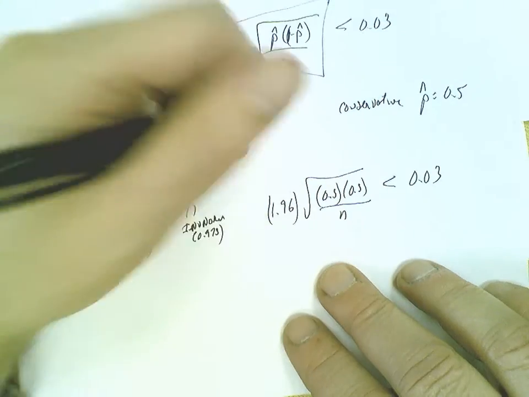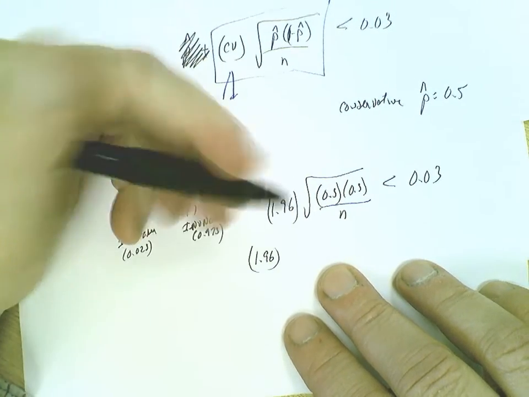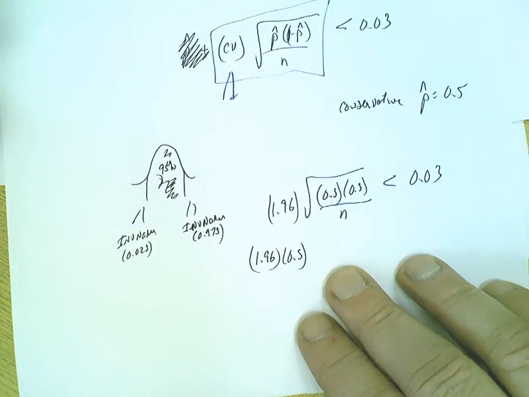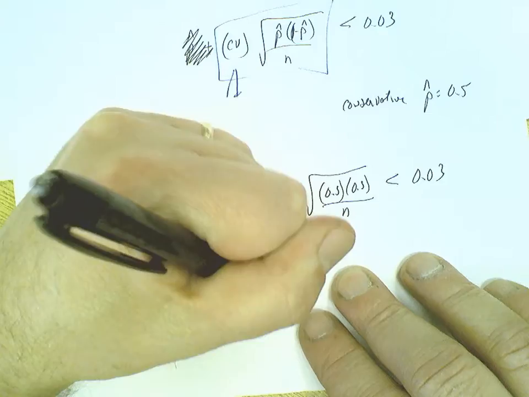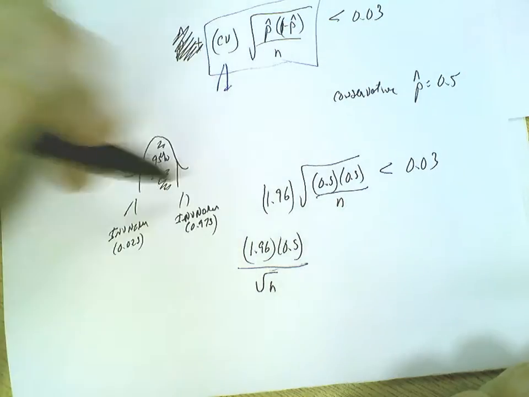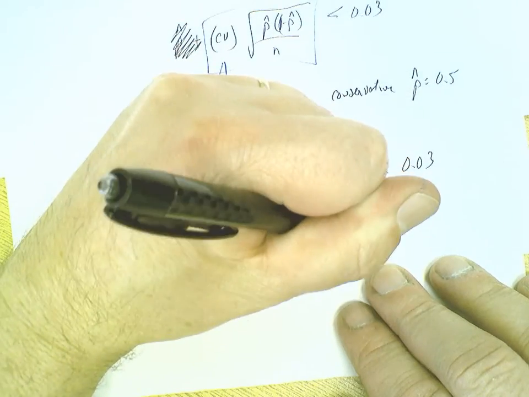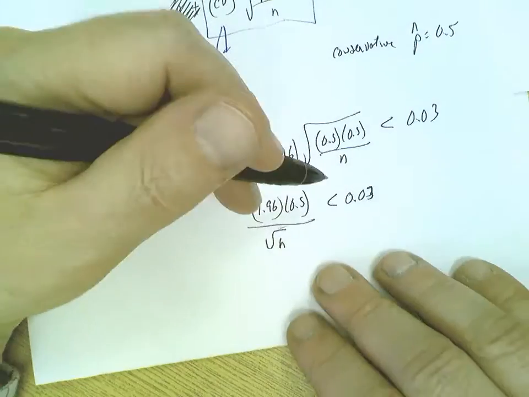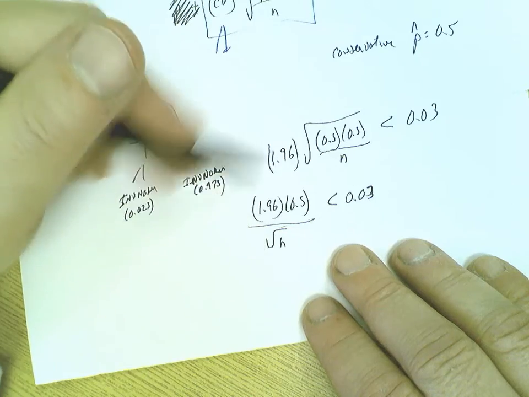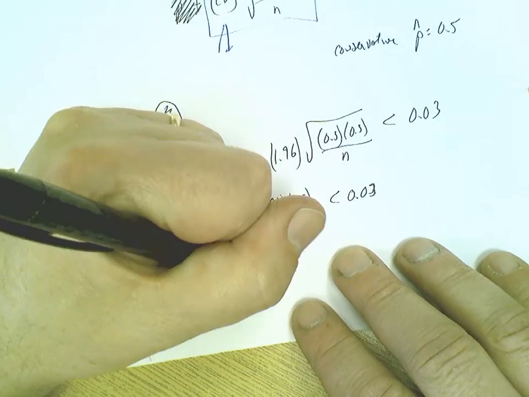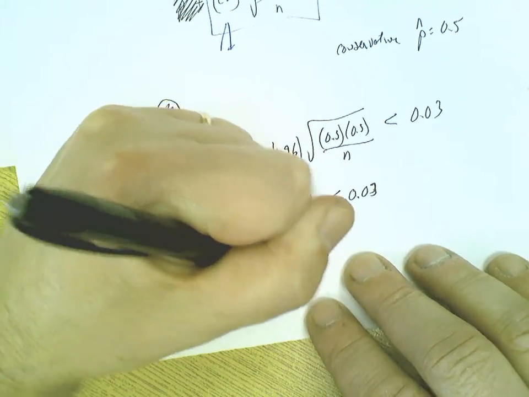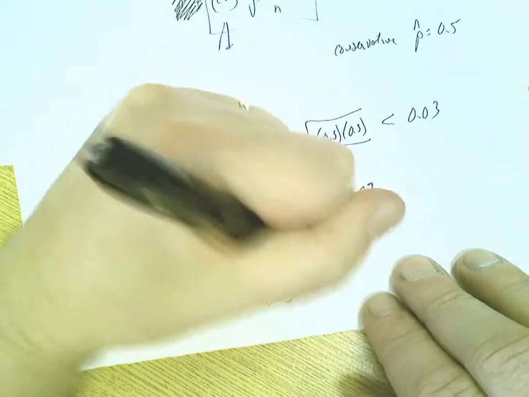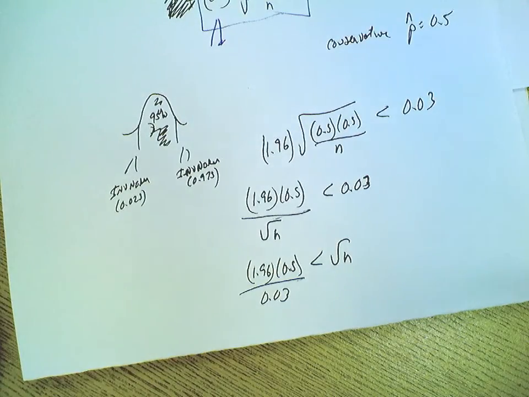If I do a little bit of work, this becomes 1.96 times the square root of 0.5 times the square root of 0.5, which becomes nothing more than 0.5 over the square root of n. I'm just handling my numerator here. That's less than 0.03. I'll divide by 0.03 and multiply each side by the square root of n: 1.96 times 0.5 over 0.03 is less than the square root of n.